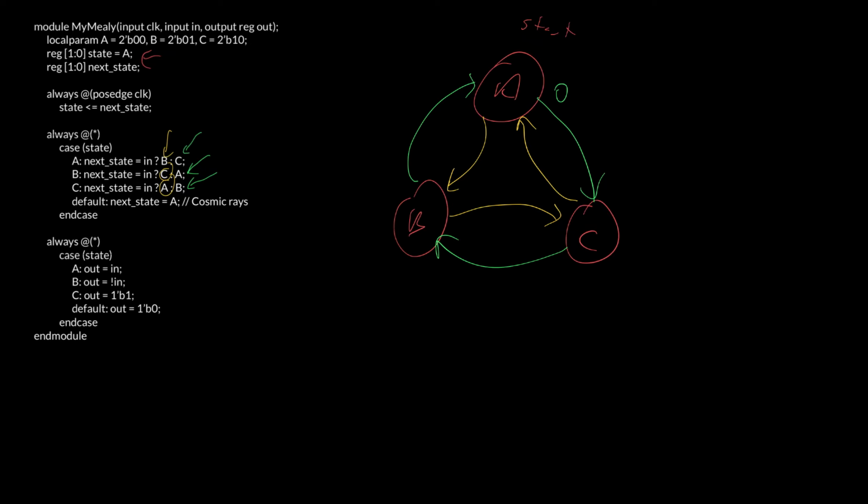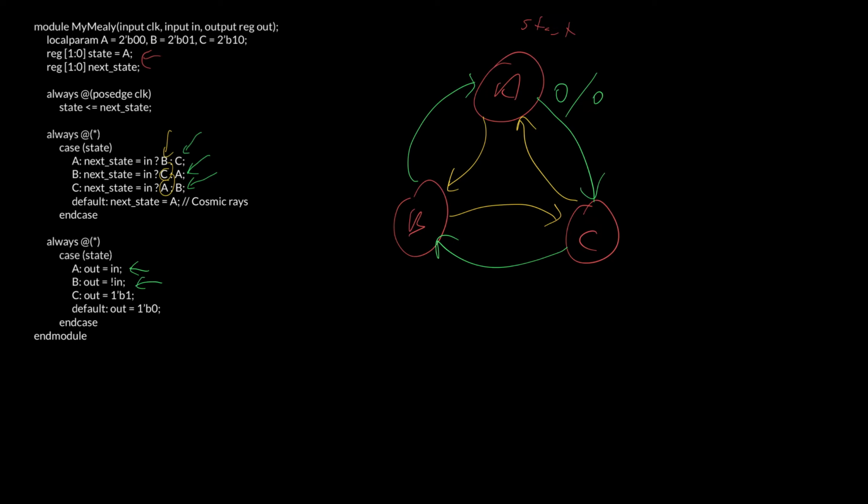What about the output? Well, because it's a Mealy machine, the output gets associated with the transitions. So if I'm in state A and the input says 0, then we see that we move to state C, but what's the output? If I'm in state A and the input is a 0, then the output's going to be a 0. If I'm in state B, then the output is the opposite of the input.